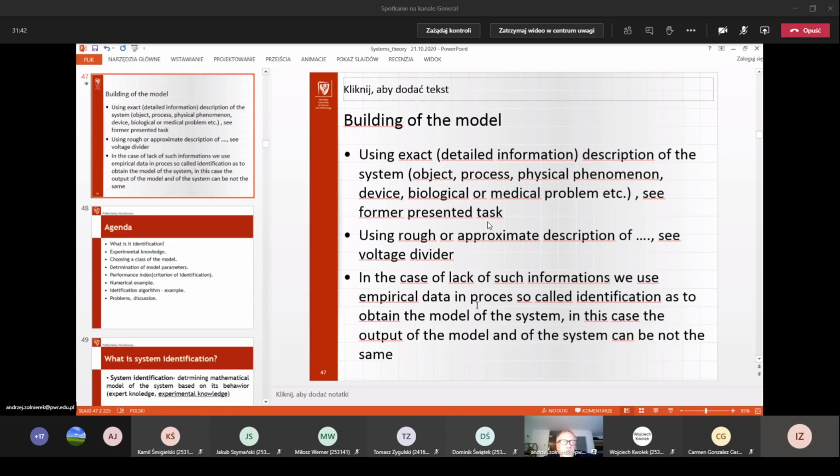When we do not have this formal information, we can just make an experiment. We can observe a certain system, or we can even experiment with the system. It means that we can just choose our inputs and put them to the system and measure, observe the outputs.